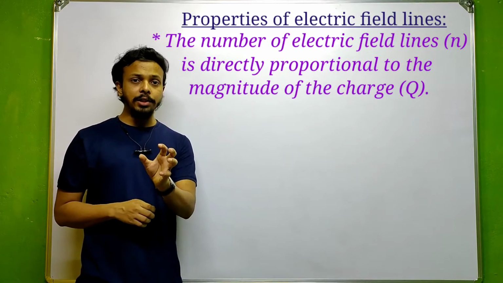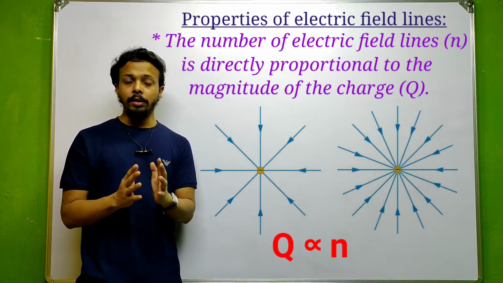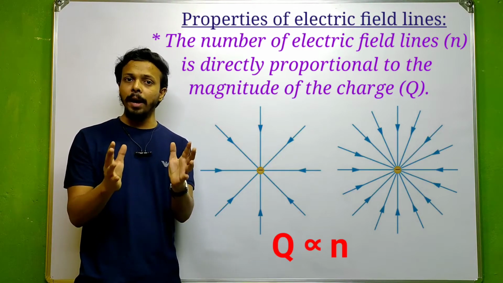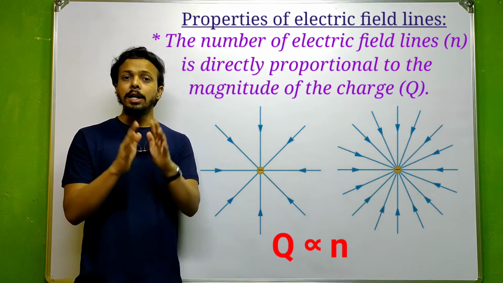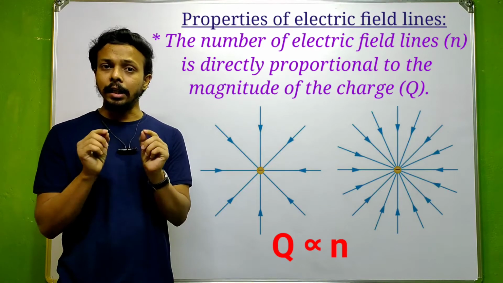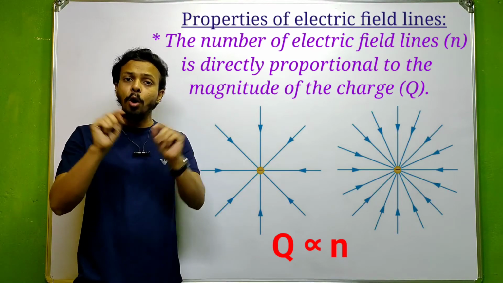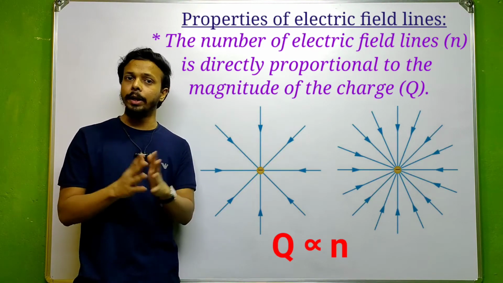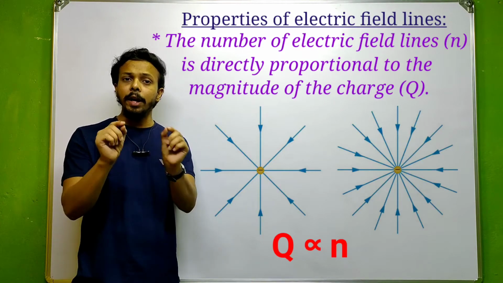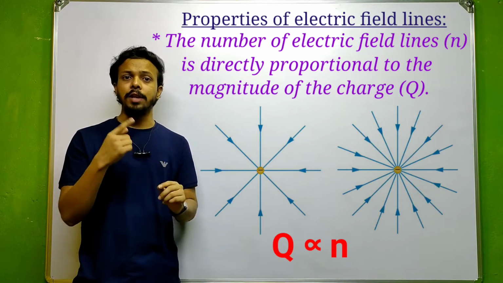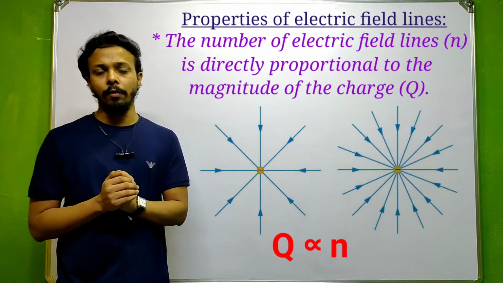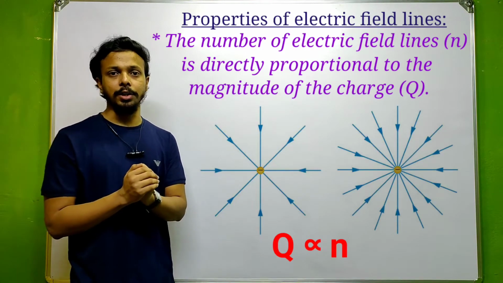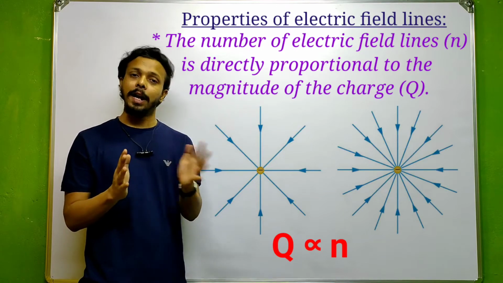If the charge has more magnitude, the electric field around the charge becomes very strong, and such a strong electric field is represented by drawing more electric field lines around it. So the number of electric field lines around the charge is directly proportional to its magnitude. This is also a property of electric field lines.